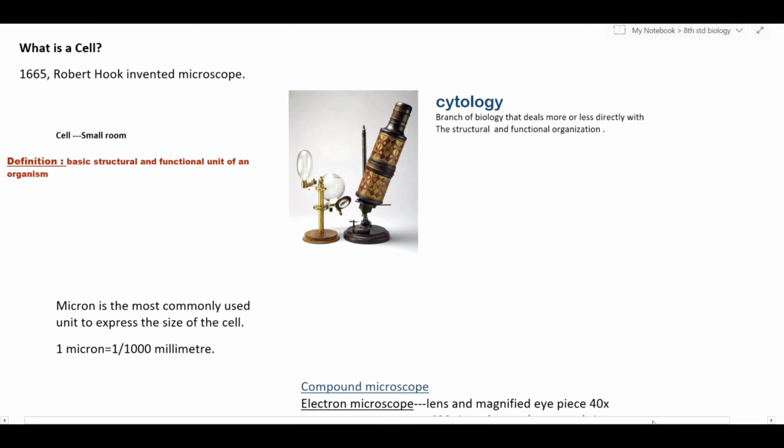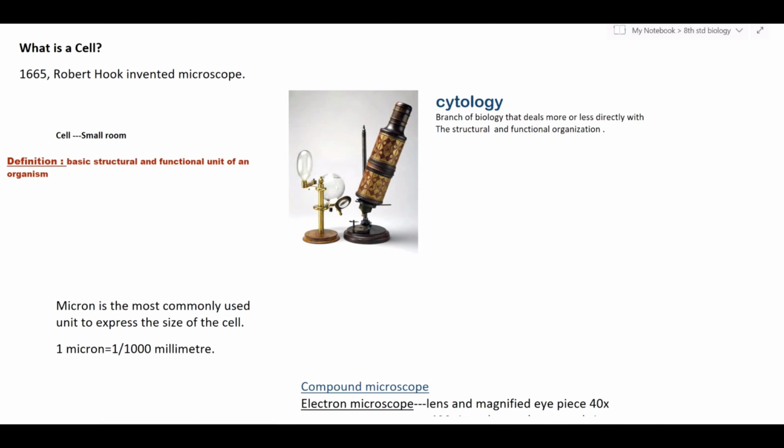I already told you that the unicellular organisms we cannot see through our naked eyes, so we can see them through a microscope. The microscope magnifies the organism when we keep it under the microscope and start observing, as the lens present in the microscope magnifies it.